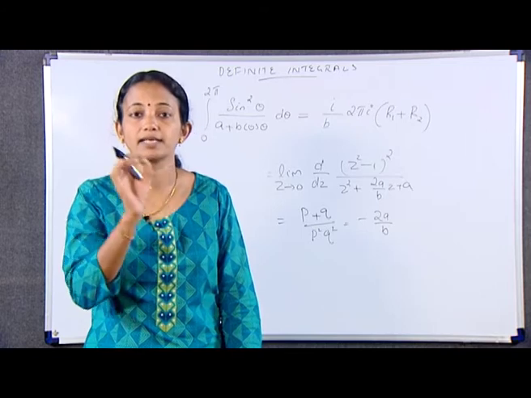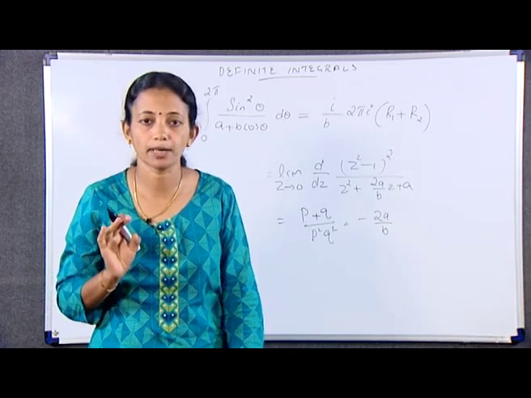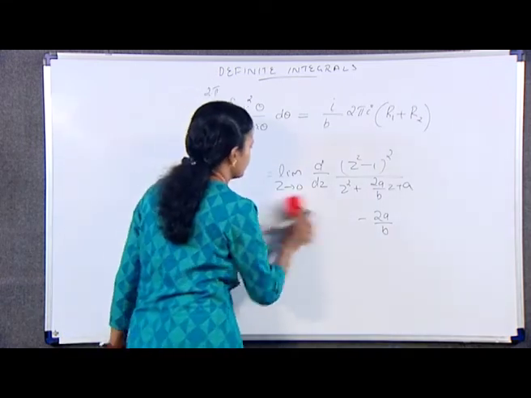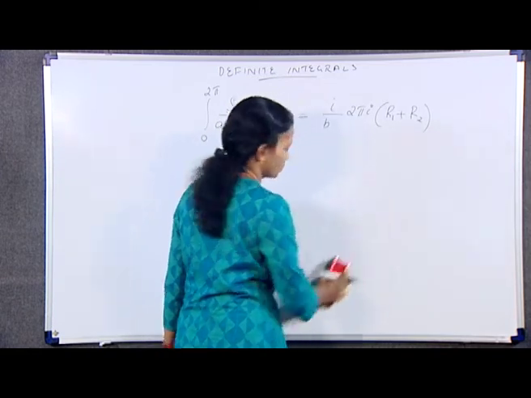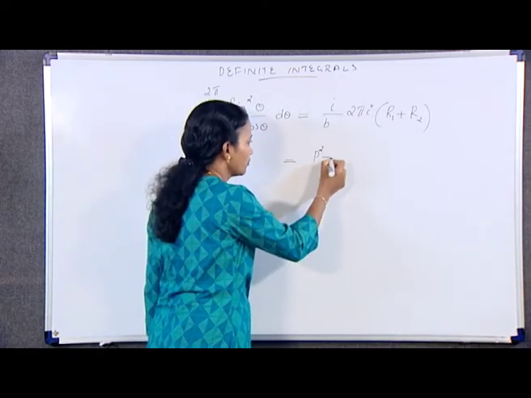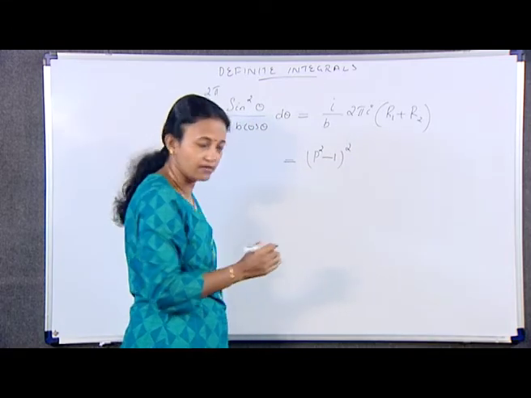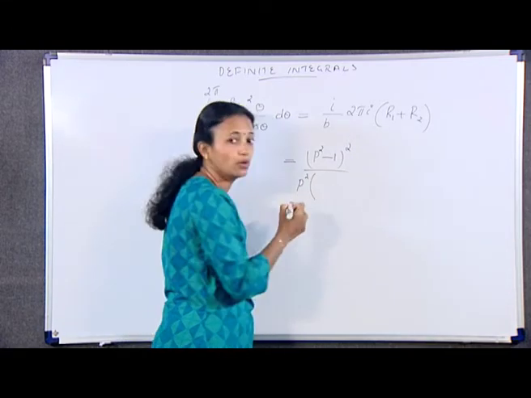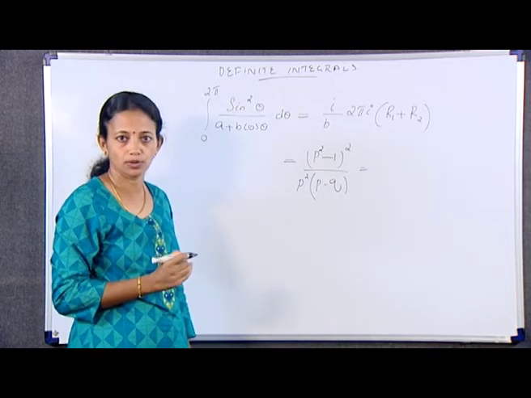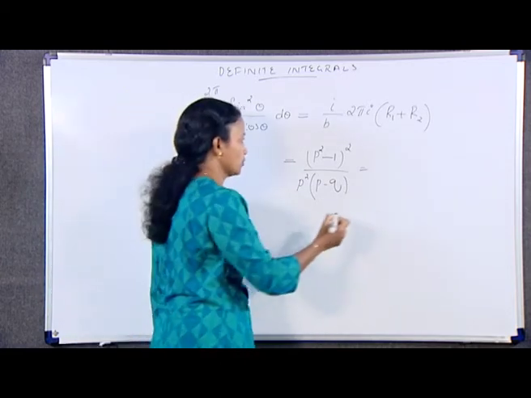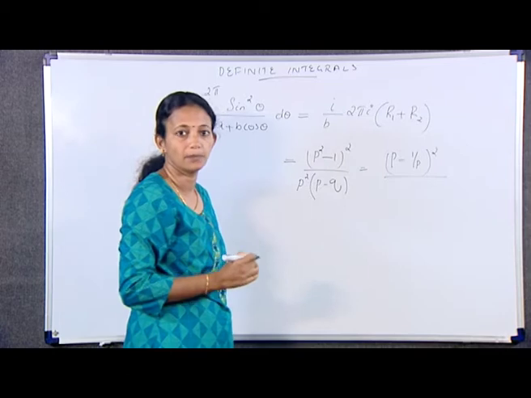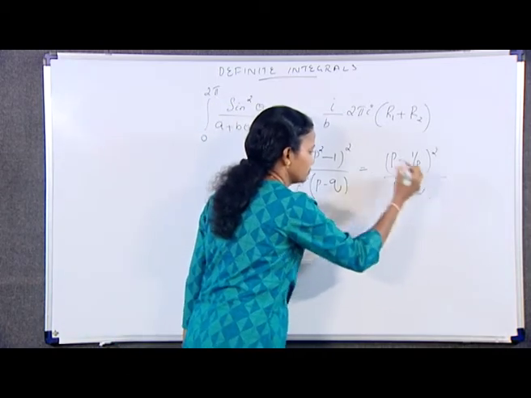It is equal to limit z tending to p of (z square minus 1) whole square by z square into (z minus q), which is equal to (p square minus 1) whole square divided by p square into (p minus q), which is equal to (p minus 1 by p) whole square divided by (p minus q).